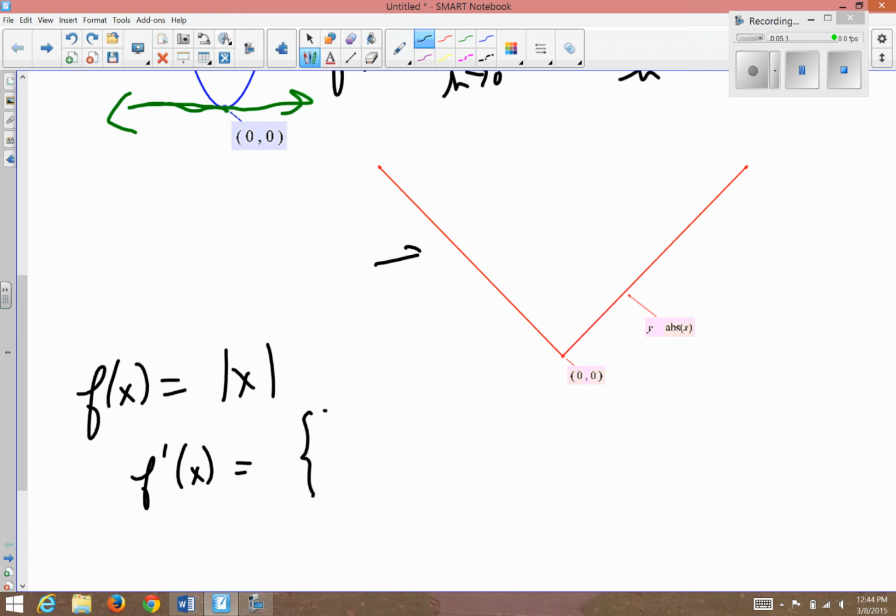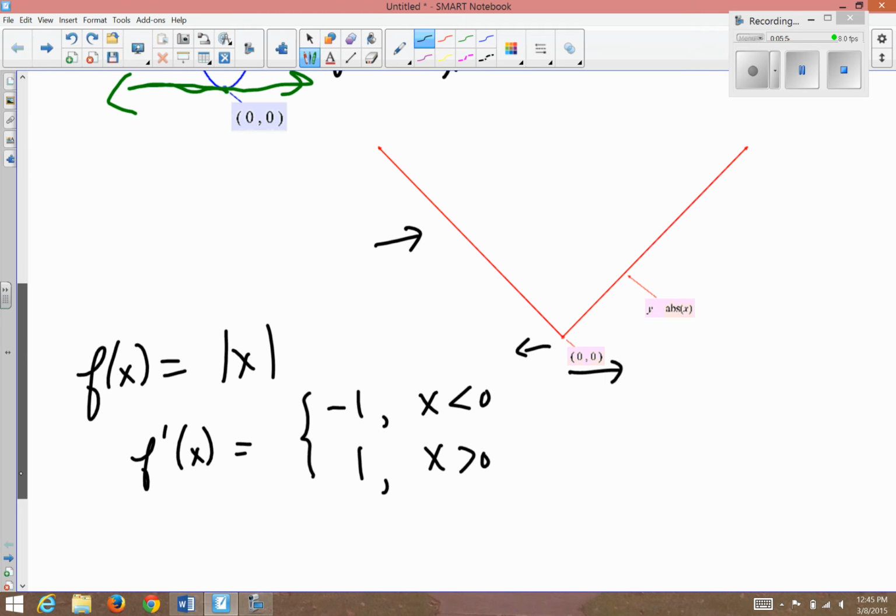This side of the function is a linear line with slope -1. When I say the slope is -1, I mean the derivative is -1. That's for all the x's less than 0. But the rest of this absolute value function is linear. That means it's a line with slope +1. That's for all the x's that are greater than 0. That means from this way over, the slope or the derivative is 1.